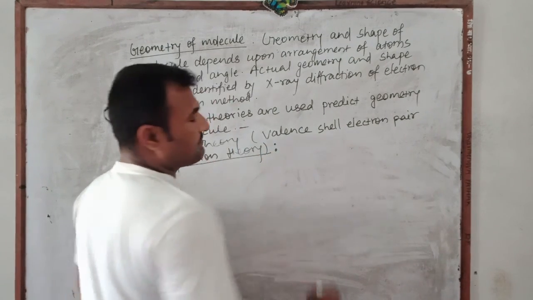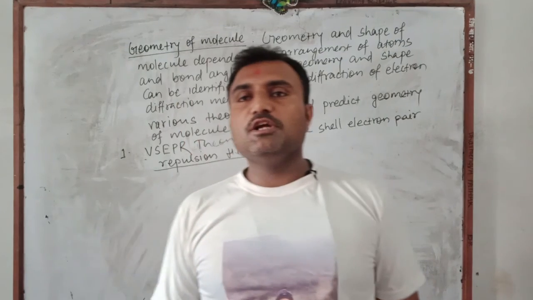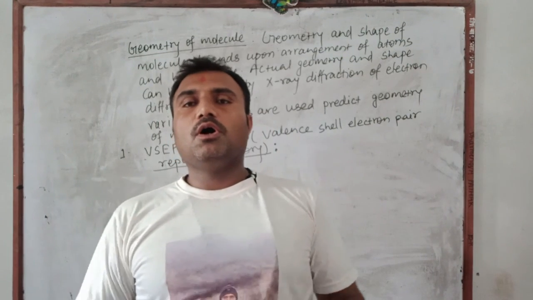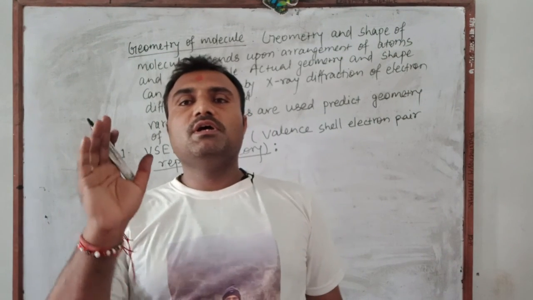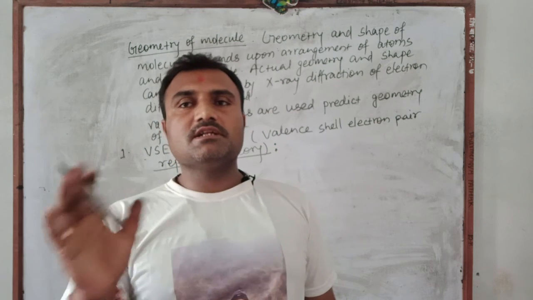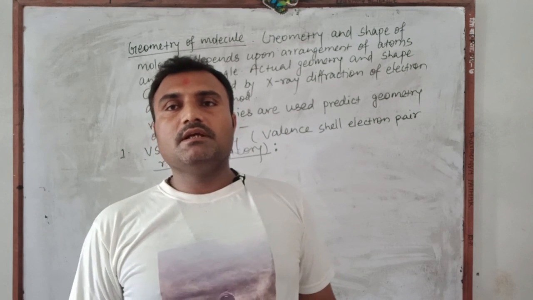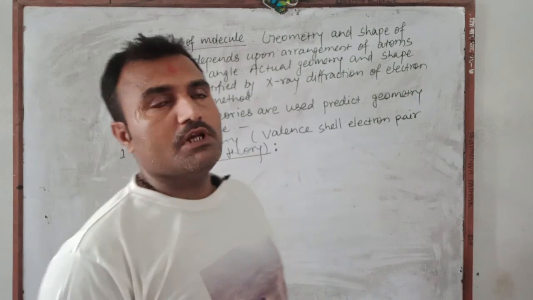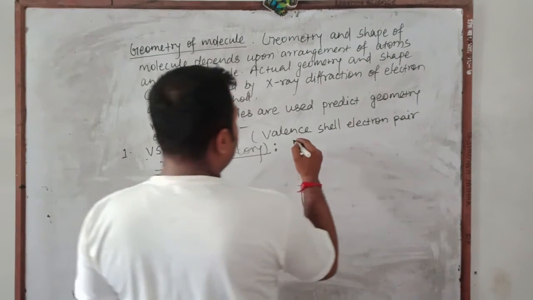This theory explains the geometry of a molecule on the basis of electron pairs found around the central atom in different covalent molecules or compounds.